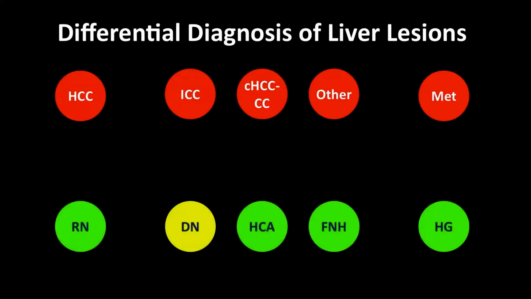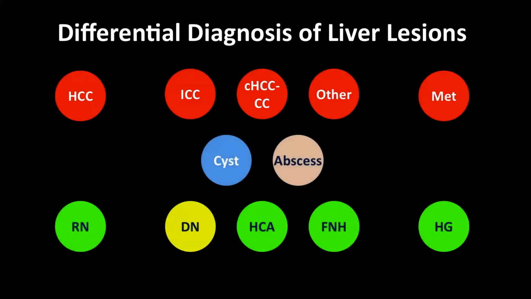We can also have benign or dysplastic lesions, such as regenerative nodules, dysplastic nodules, hepatocellular adenomas, focal nodular hyperplasias, hemangiomas, and then we can have these liquidy things like cysts and abscesses. And this is not an entire list.